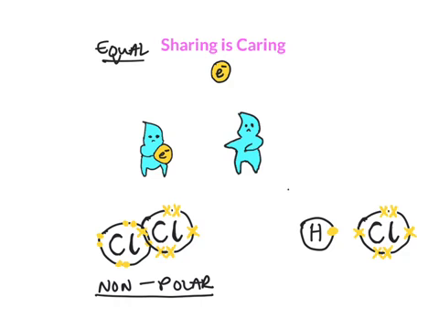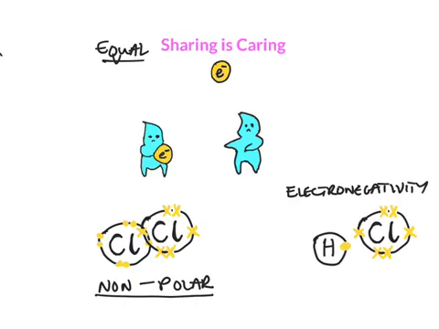And there's a measure for that electron hunger, if you like, and that's called electronegativity. That's a value that shows how much an element wants electrons. Electronegativity, it's a big word. So this one is going to show the electronegativity values, that when you look at both of them, there's going to be a disparity, a difference between them.